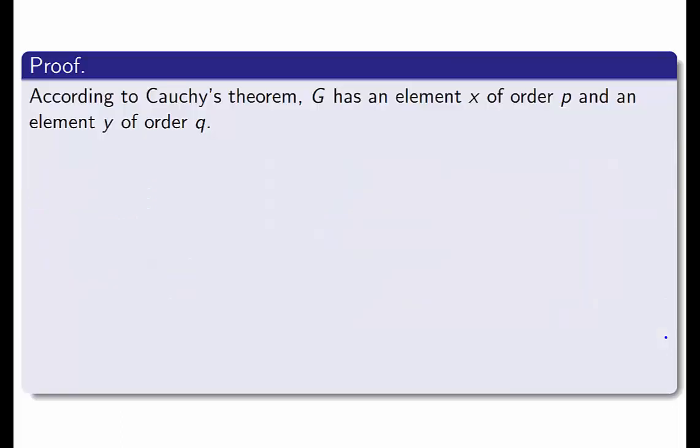Let's get going. According to Cauchy's theorem, G has an element x of order p, and G must also have an element y of order q, because both p and q are prime.